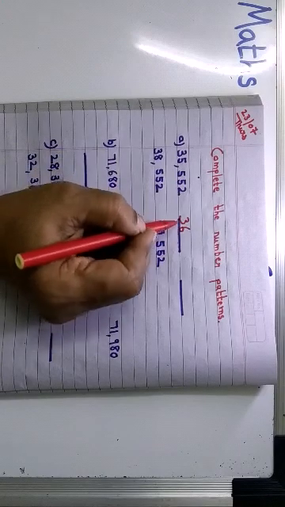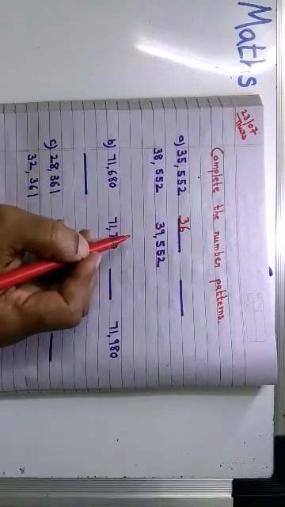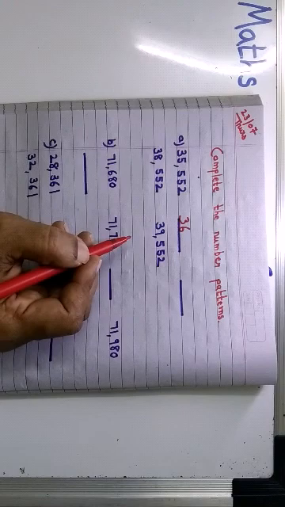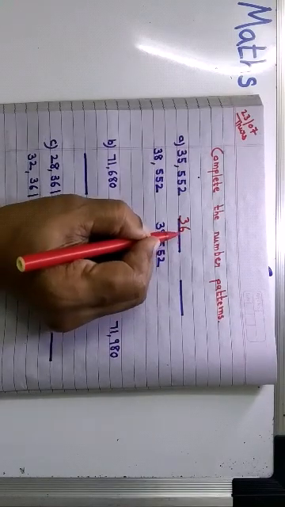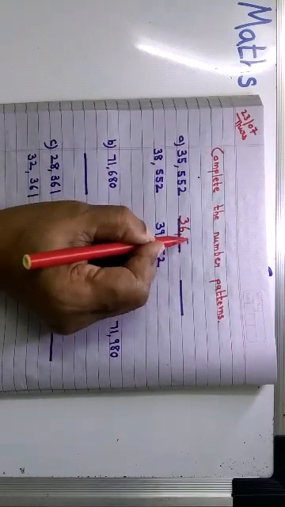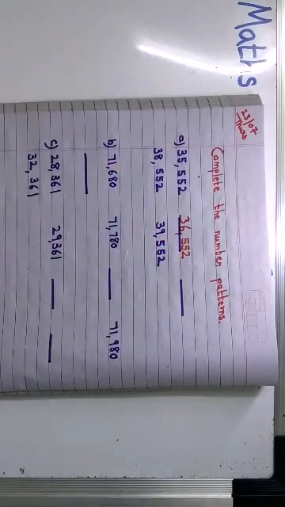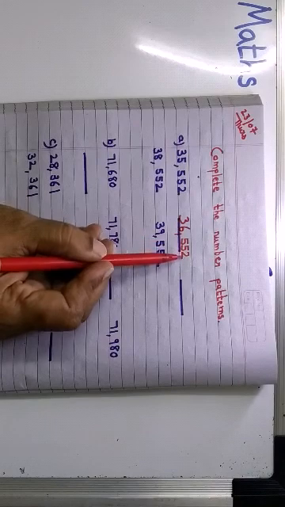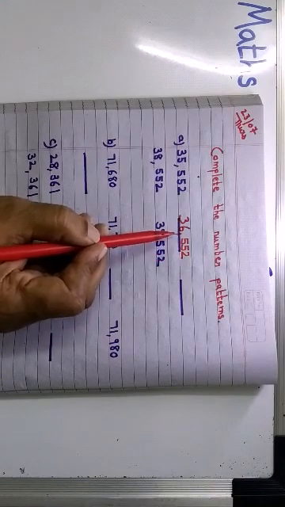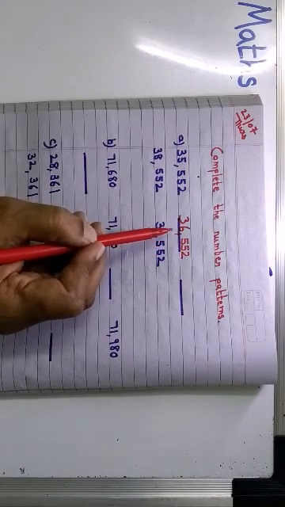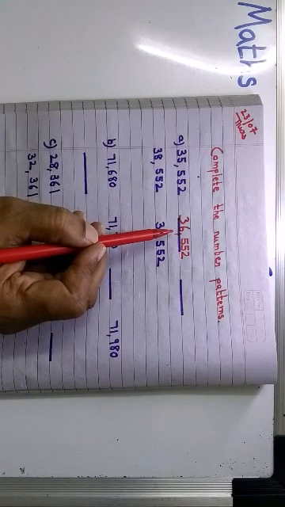So I write here 36, that is 36. Then I need to put a comma because it's a period. After every 3 numbers, children, from the right we need to put a comma or we leave a space. You need to leave a gap.